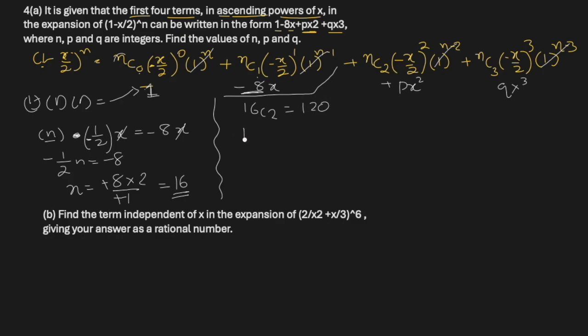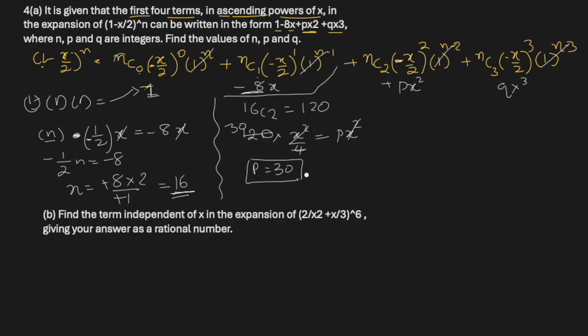Then 120 multiplied by minus squared will make the minus positive, because minus times minus is positive, so it will be just x square over 4, and that is px square. Again, we can cancel x square from both sides, and 4 can cancel with 120, so p becomes 30.